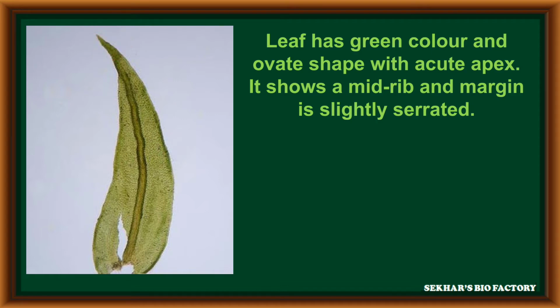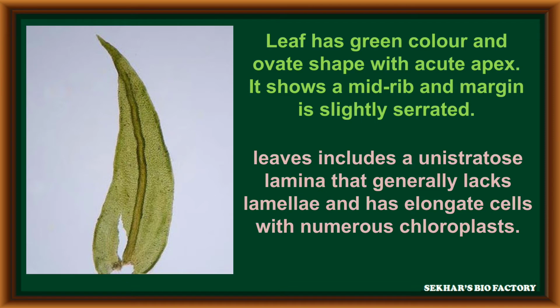It shows a midrib, and the margin is slightly serrated. The leaves include a unistratose lamina that generally lacks lamella and has elongated cells with numerous chloroplasts.